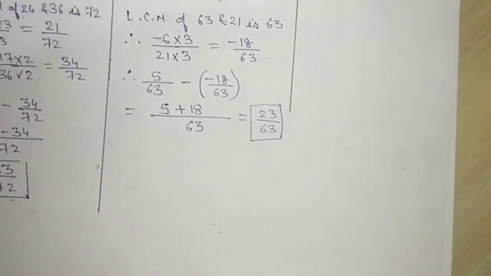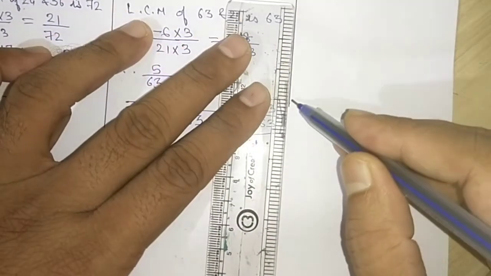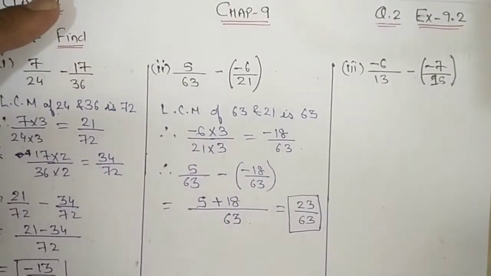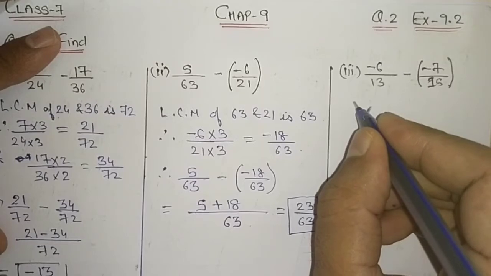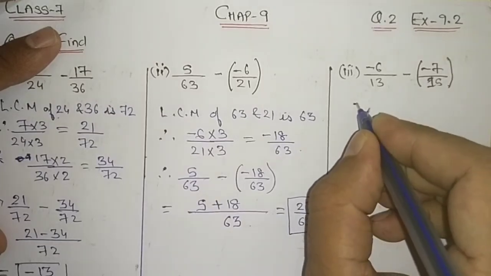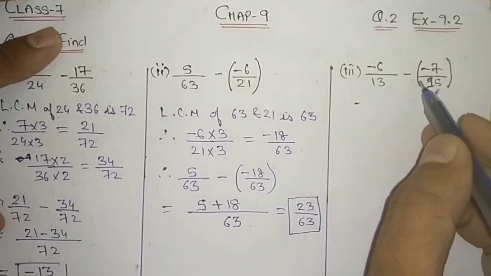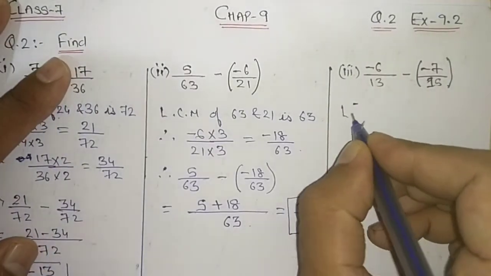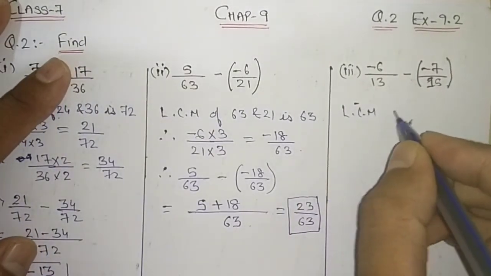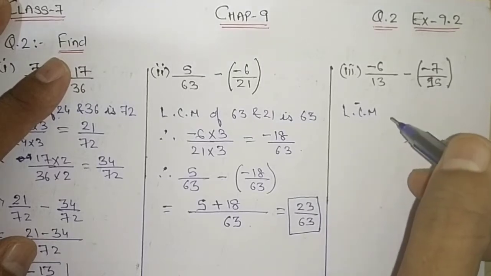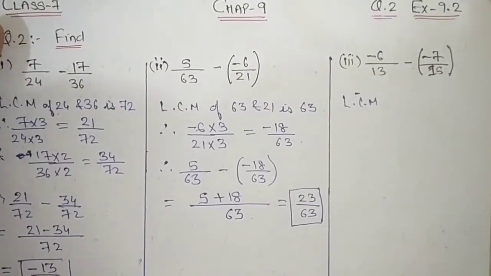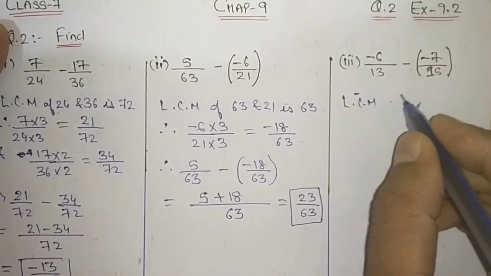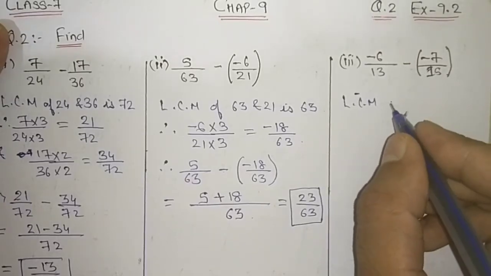Now moving to the third part. It says minus 6 by 13 and minus of minus 7 by 15. Here, for the LCM, since they don't have any common factors, we will take the LCM as the multiplication of 13 and 15.